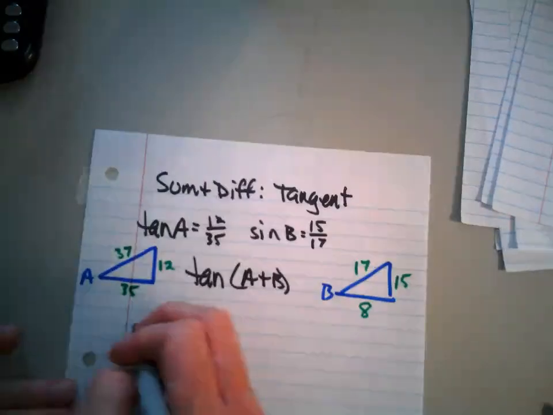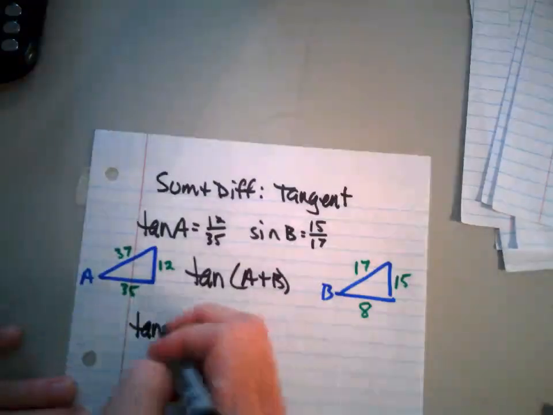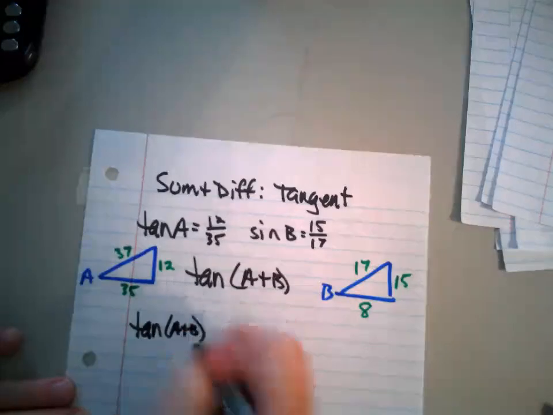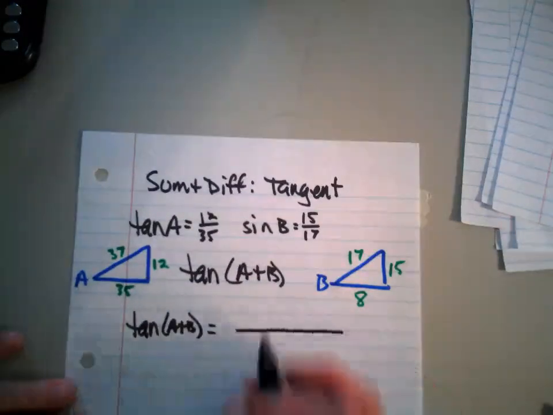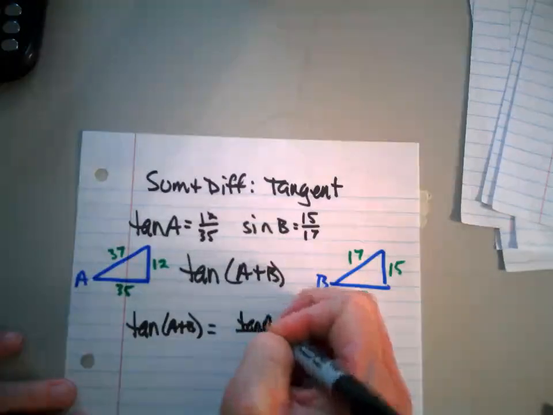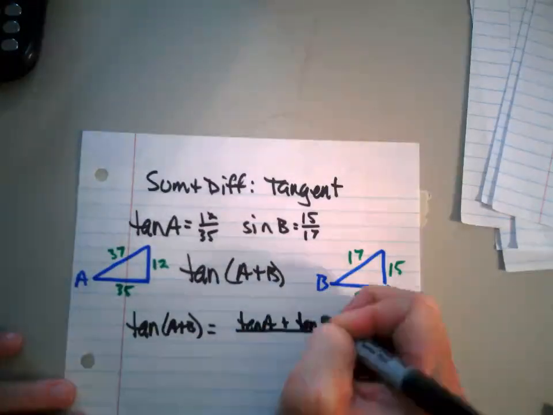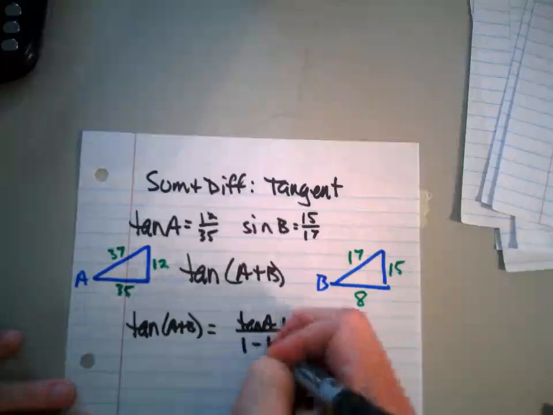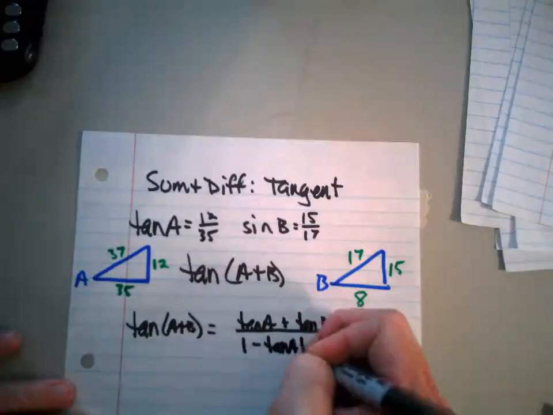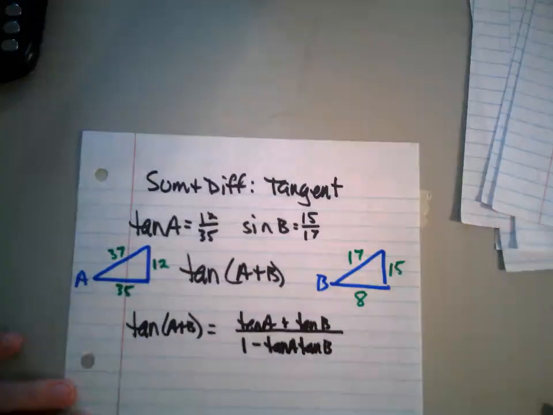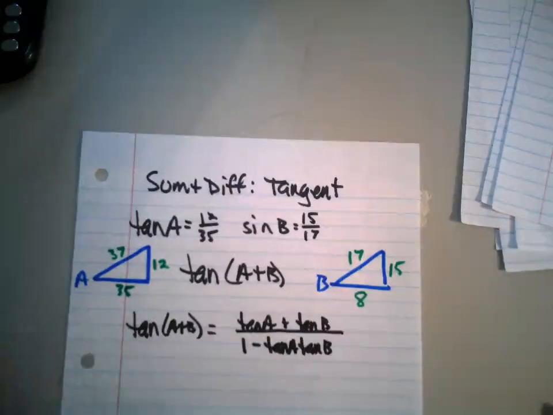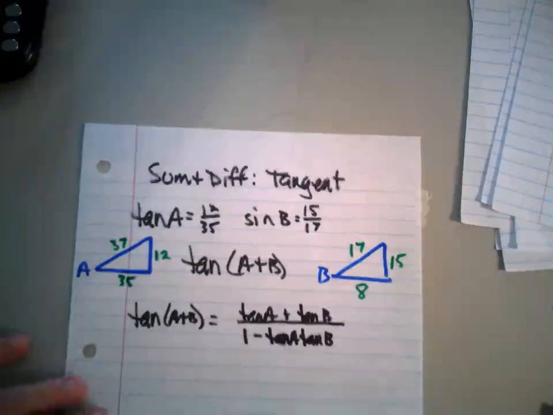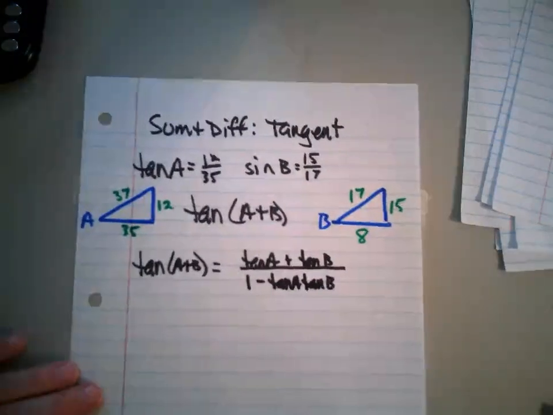Now, the tangent of A plus B formula is tangent A plus tangent B, over 1 minus, and then down the bottom the tangents are multiplied. And these are formulas that were given to you on Thursday, April 2nd. So you might have to go back and look those up.